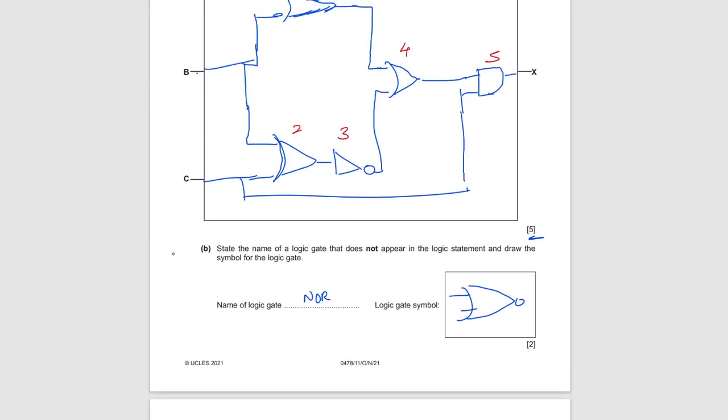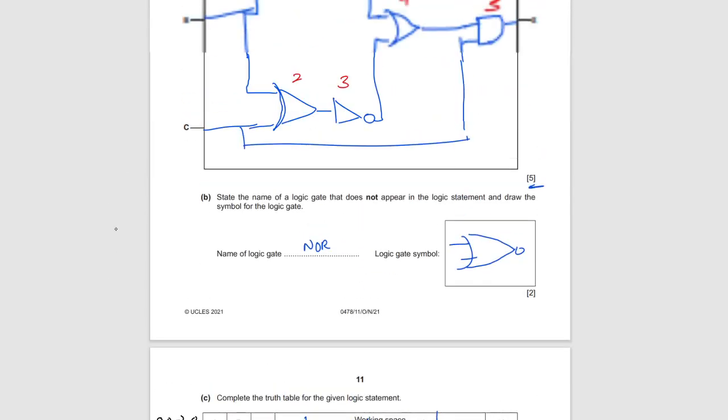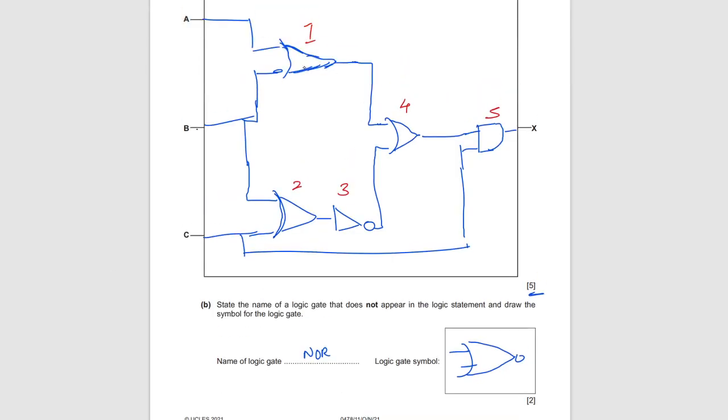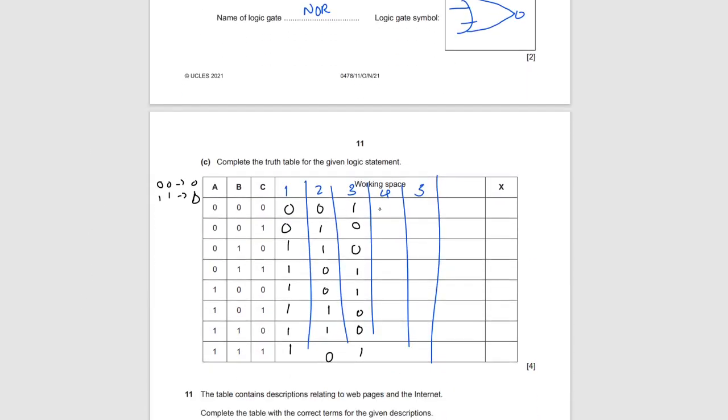Number 3 is a NOT gate, a very easy gate. It's the opposite of 2, so that will be like this. Number 4 is an OR gate of 1 and 3, which is addition, so it will be like this.